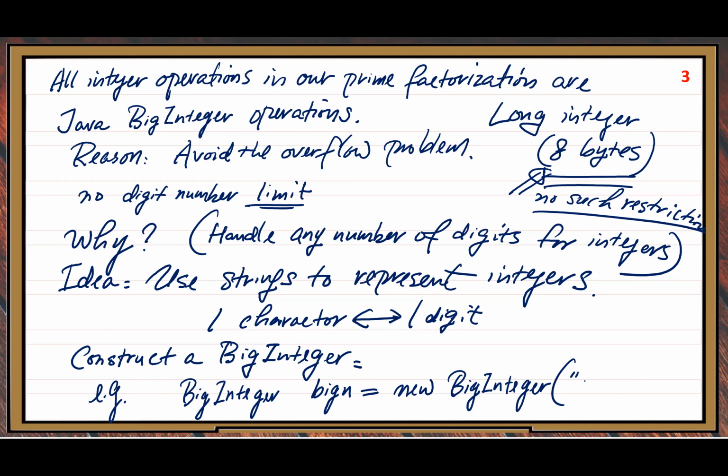For example, double quotes 1, 2. If you put a valid string with digits as all the characters, it should be valid. You should not use A, B, C, D. Use 0 through 9. Then it's a valid string you can use to construct a big integer.